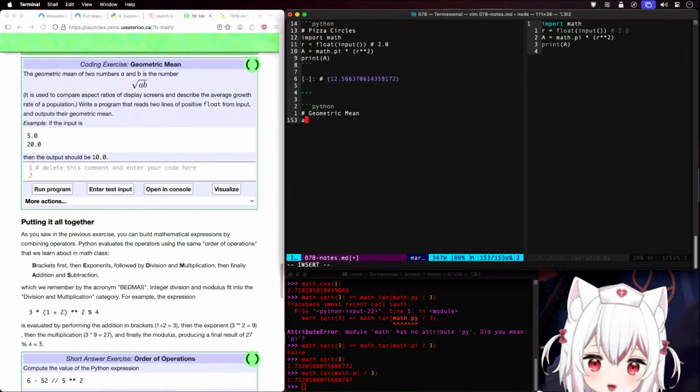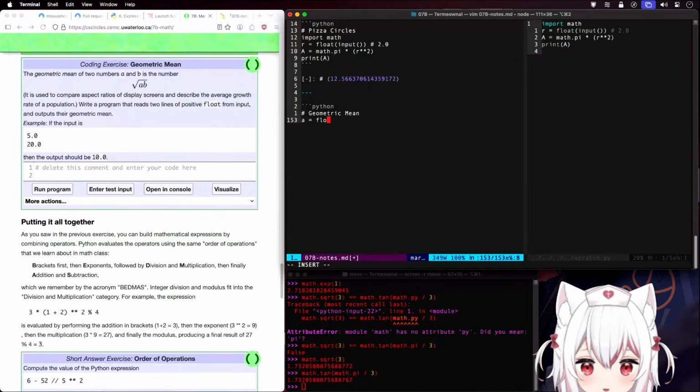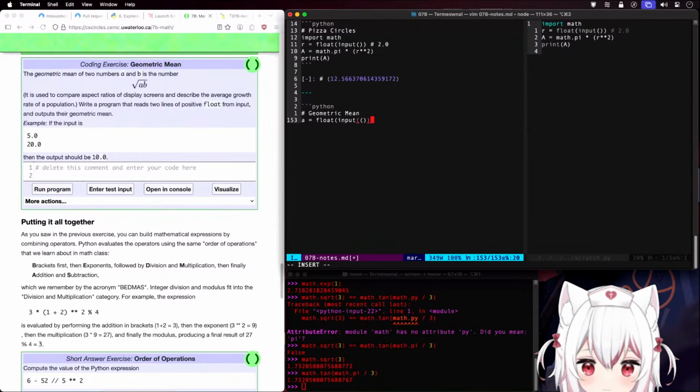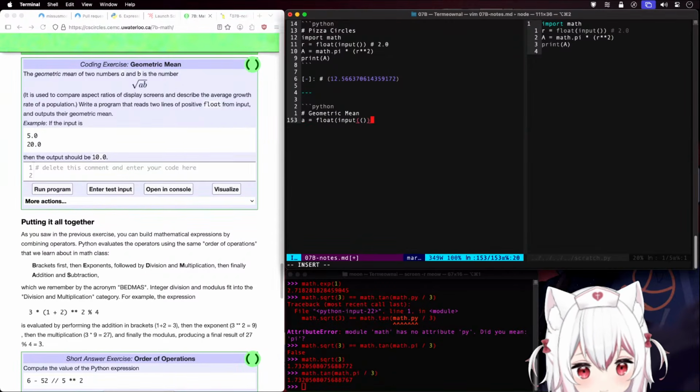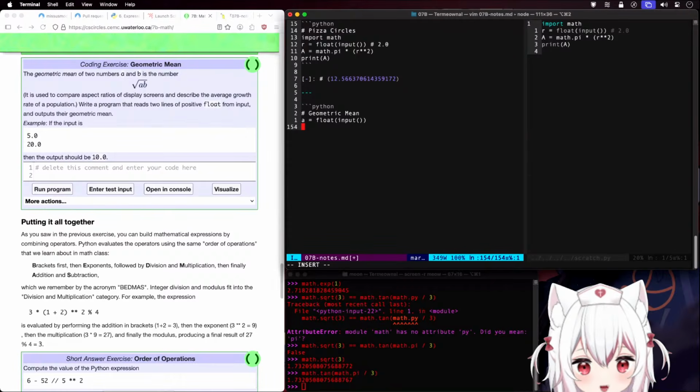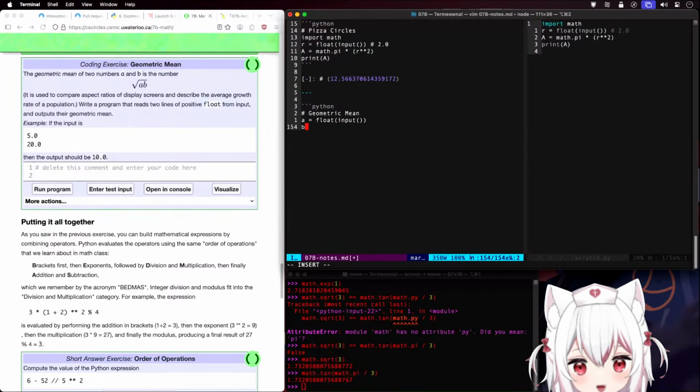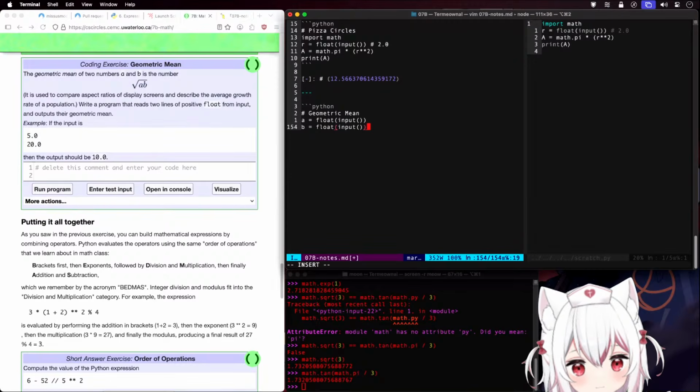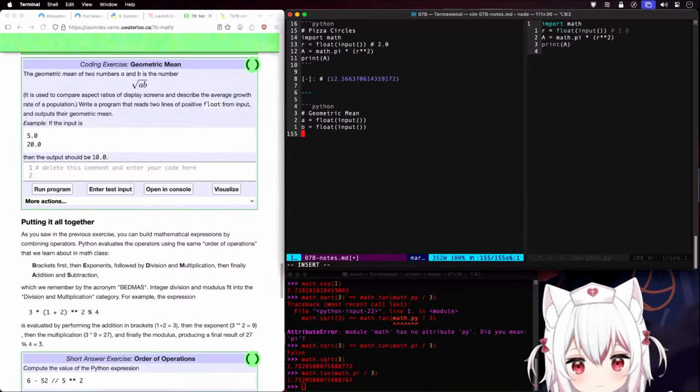So we're gonna do some float input. Like this. And then B, same thing. And then outputs the geometric mean. I think so.